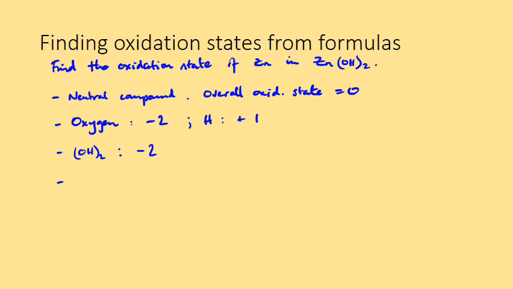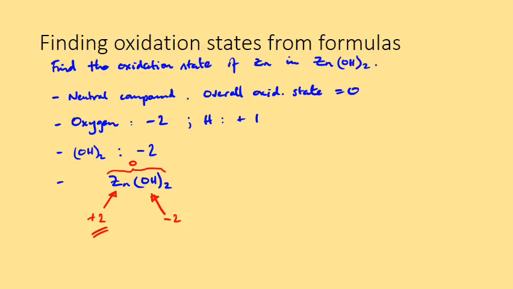So then the oxidation state of zinc can be found from the fact that the overall oxidation state is 0. If we just remind ourselves of the formula, zinc hydroxide, and we've just worked out that this bit is -2, we know that the whole thing is 0, so that means this bit must be +2, and that's the answer. Oxidation state of zinc in zinc hydroxide is +2.